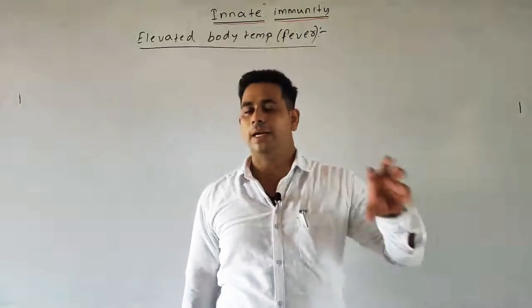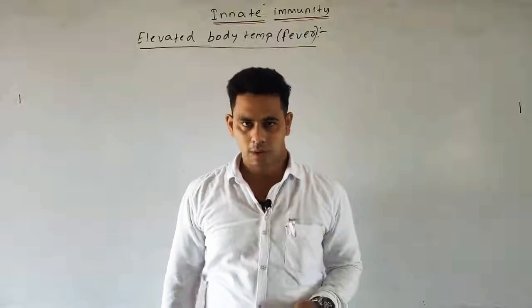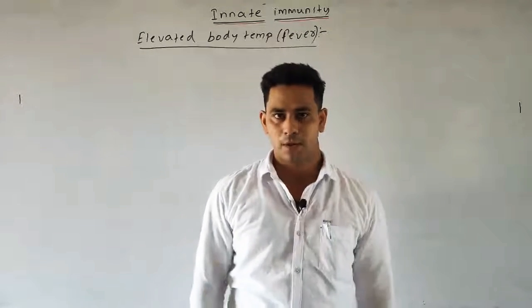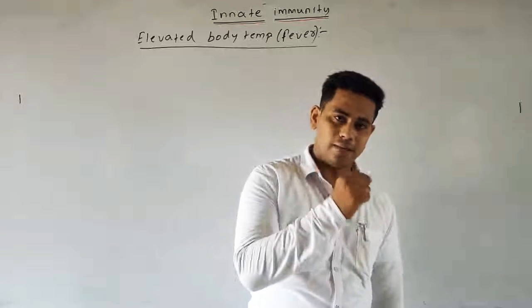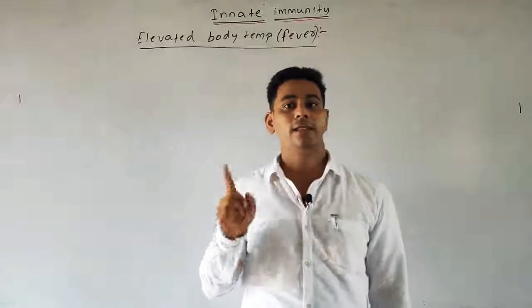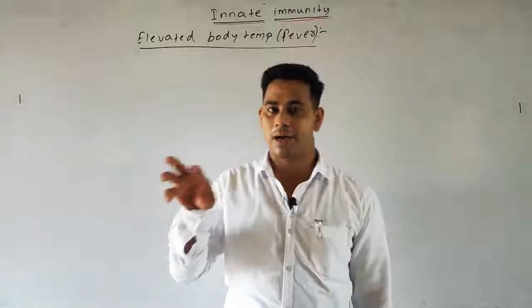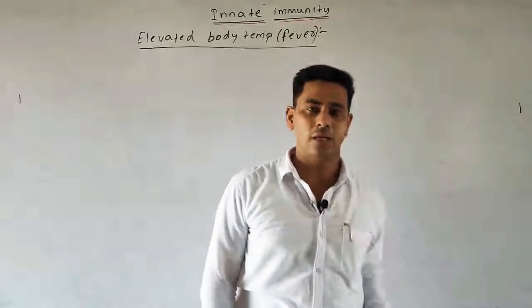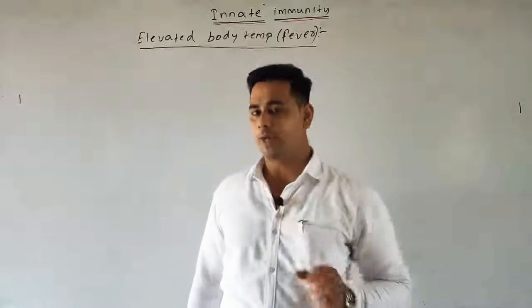Whenever a pathogen enters into our body, it secretes various toxic materials or toxins. Whenever the toxins are released, the various cells such as monocytes and macrophages secrete the endogenous pyrogen and also the interleukin.